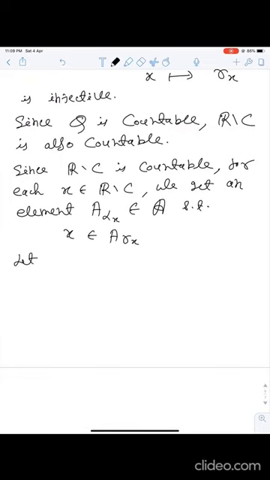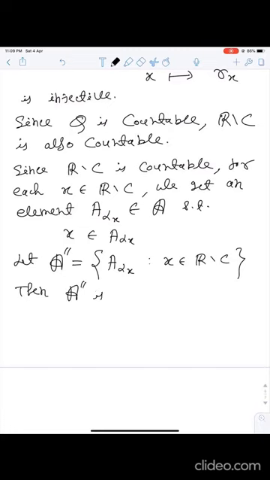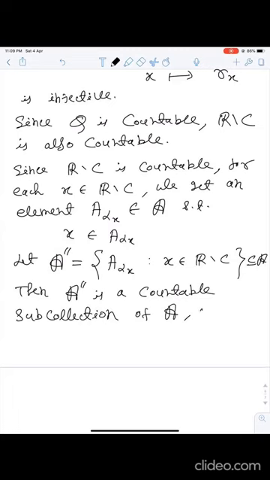Now this is my other collection, all of these A alpha x, where X belongs to R minus C. Then this collection is a subset of A, a countable subcollection of A which covers R minus C. So we get a countable subcollection of A which covers R minus C.